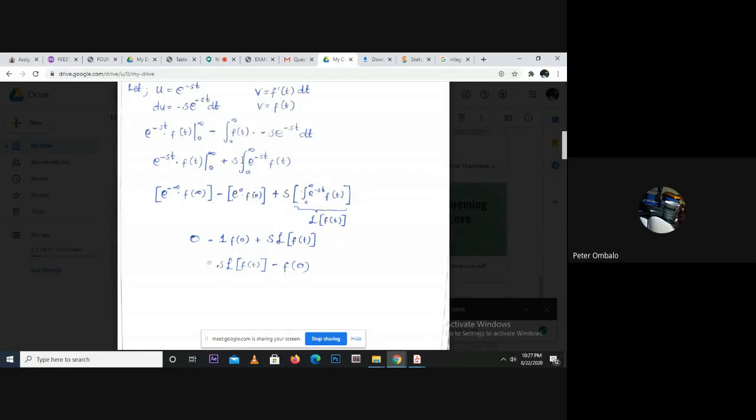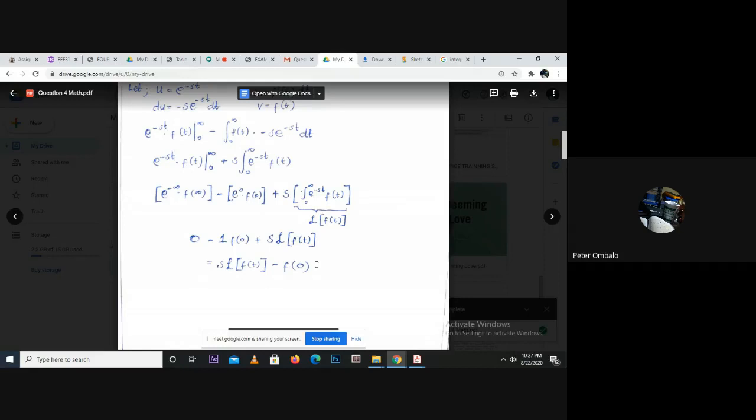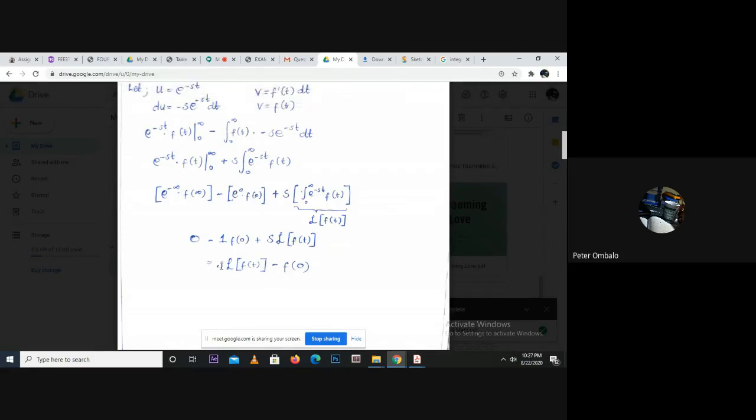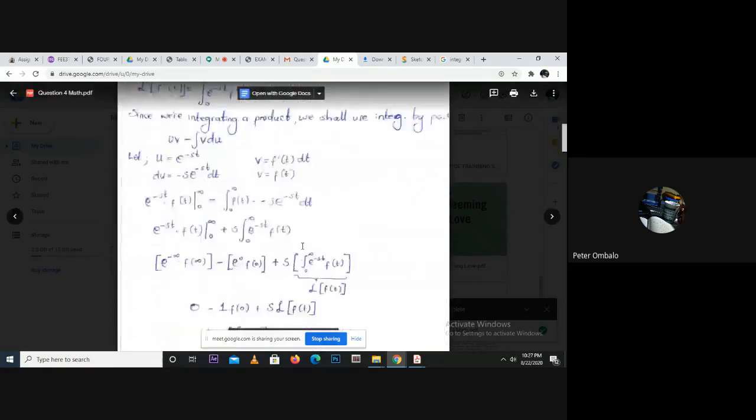So this is basically the Laplace transform of f of t, and we're going to replace it here. Now if we rearrange everything to make it look cleaner, we have s L of f of t minus f at 0. That becomes the first part of the question.